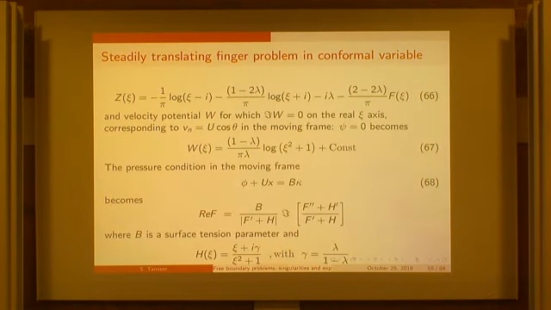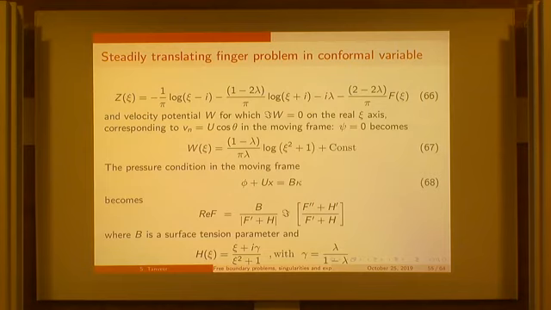Now, the Saffman-Taylor solution corresponds to throwing this out. This is the exact solution written in this way. It's a rephrasing of the Saffman-Taylor solution. This is the exact solution which satisfies the B equal to 0 problem.